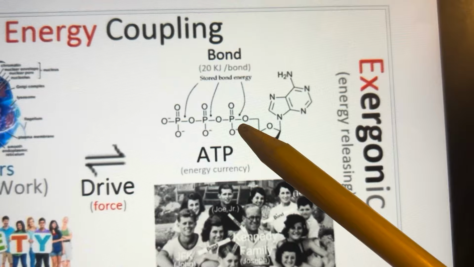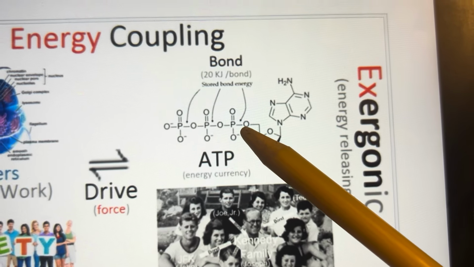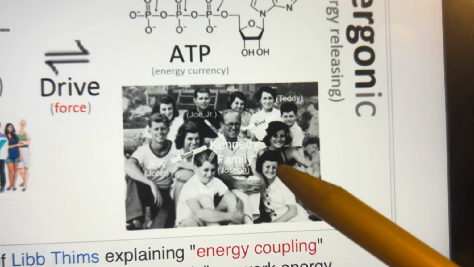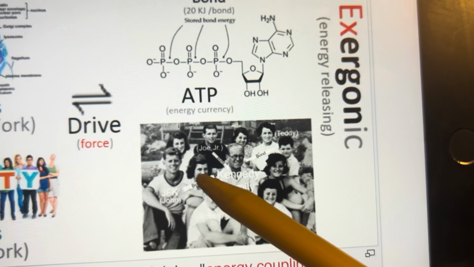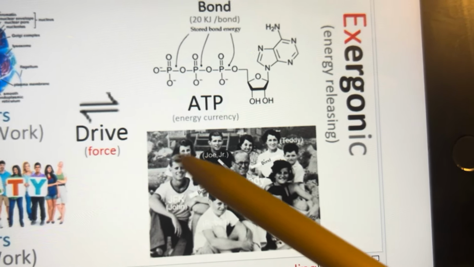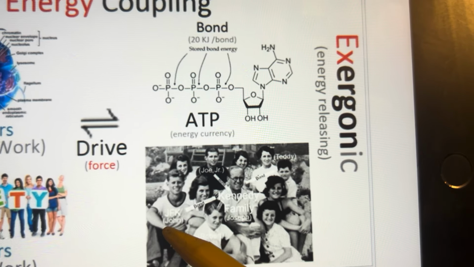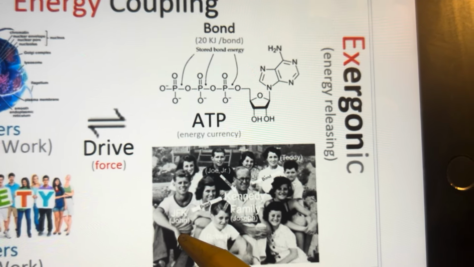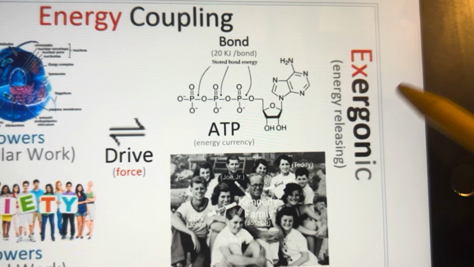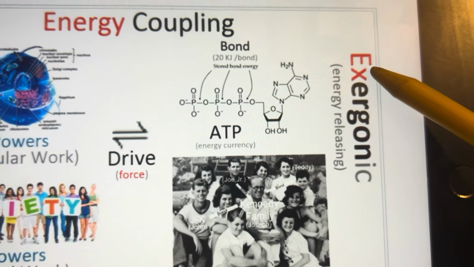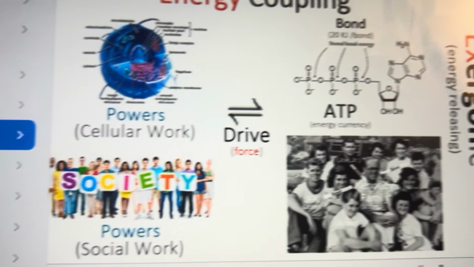And when the third PO bond is cleaved, it releases another. This is kind of like when you're cleaving the bonds of your children, it releases energy, like the Kennedy family, where JFK was one of America's most famous presidents. So the question is, why does the word ex mean out of, or energy releasing?